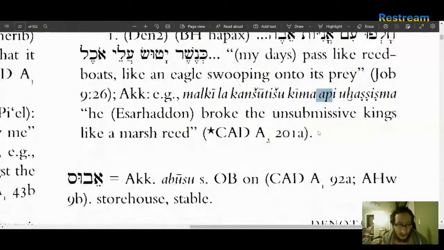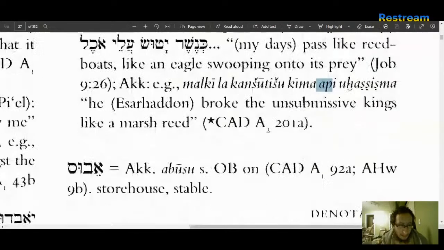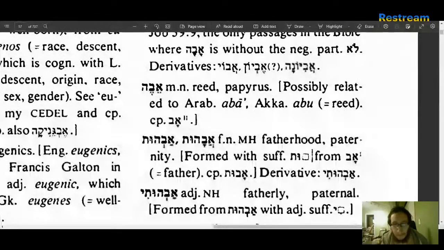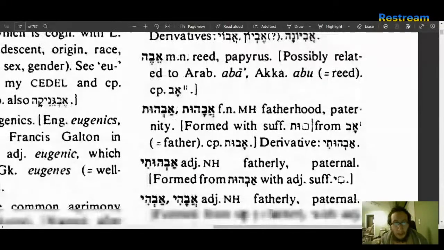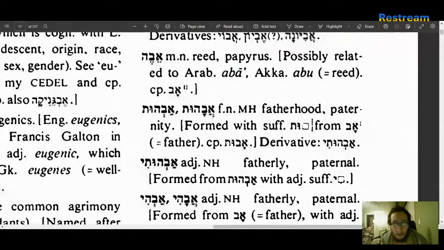Okay, so with that said, it looks like the next word is abus or abbas. So let's see what the next word is for the Etymological Dictionary. So here we have Abihot, which is fatherhood.